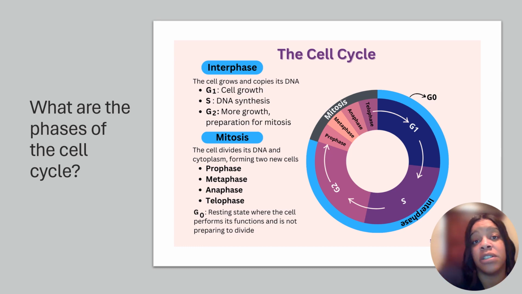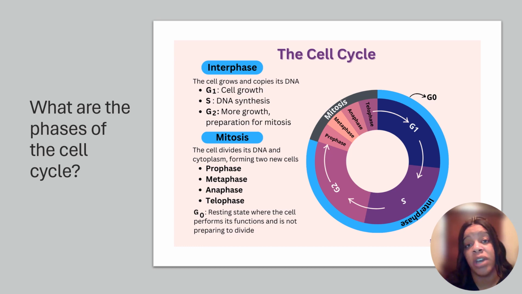The S phase is when DNA synthesis occurs, resulting in the duplication of the genetic material. In the G2 phase, the cell continues to grow and prepare for mitosis by synthesizing additional organelles and proteins needed for cell division. And finally, the M phase includes mitosis and cytokinesis, where the duplicated chromosomes are separated and distributed to two daughter cells.